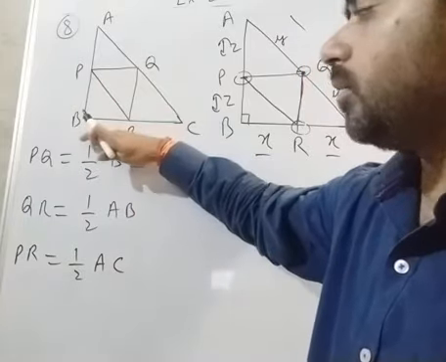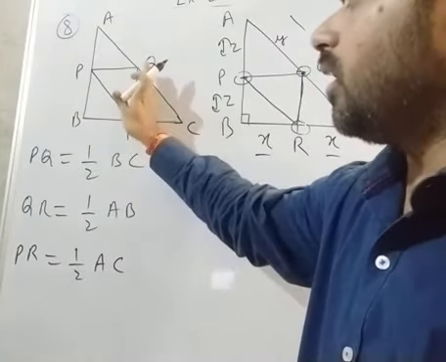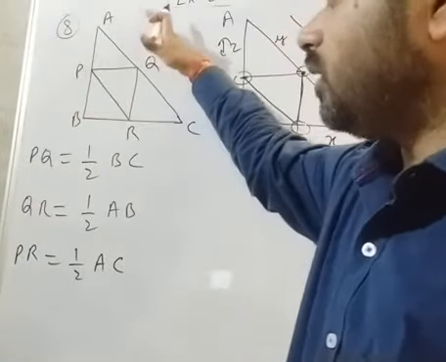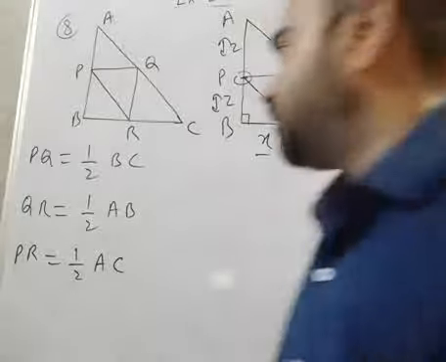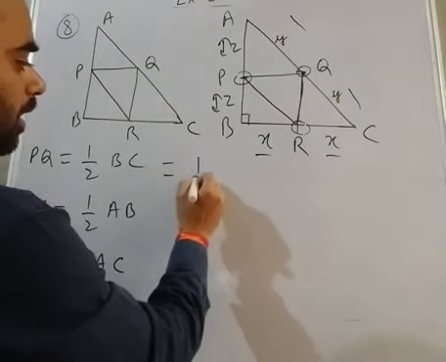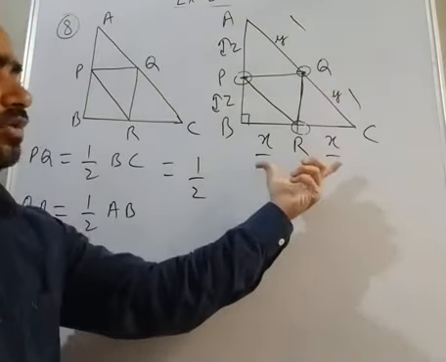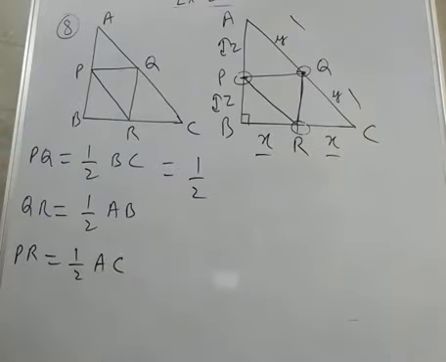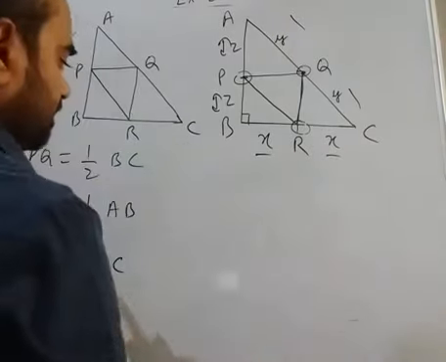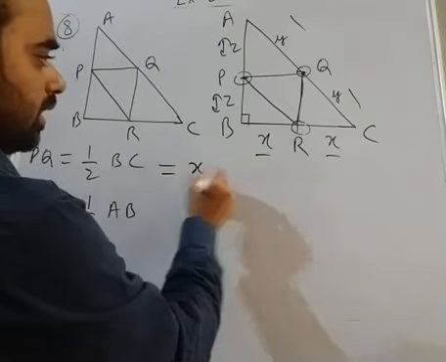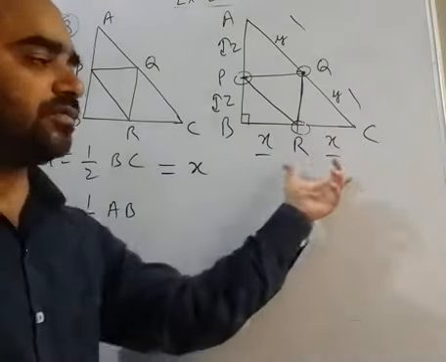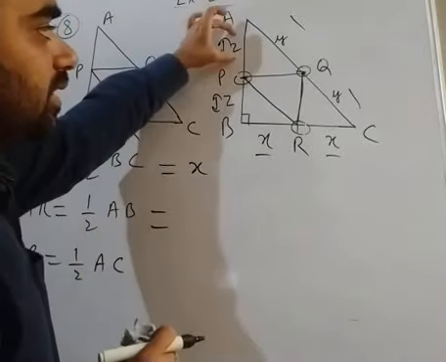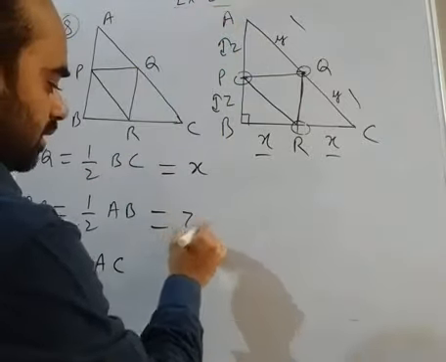Now substitute the values. Half of BC, directly you can see, is x and x, so half of BC is x. Similarly, what is half of AB? We have taken z and z, so this is z.